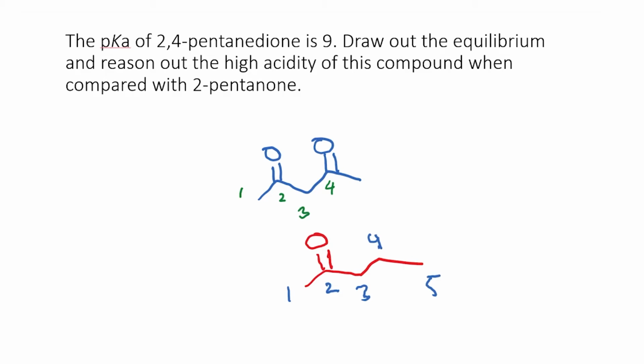They range somewhere between 20 and 25, and the most acidic of these would be around 18, 19 or so. So there's a huge difference in the pKa levels of these two compounds.